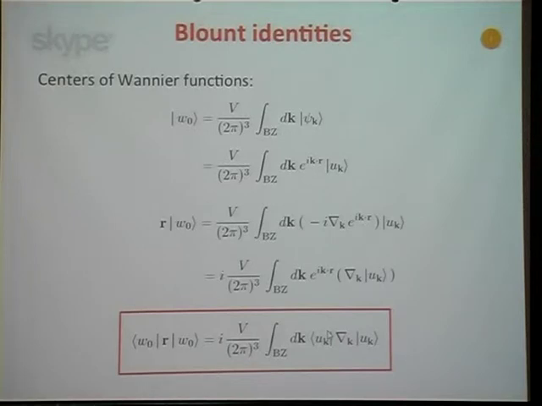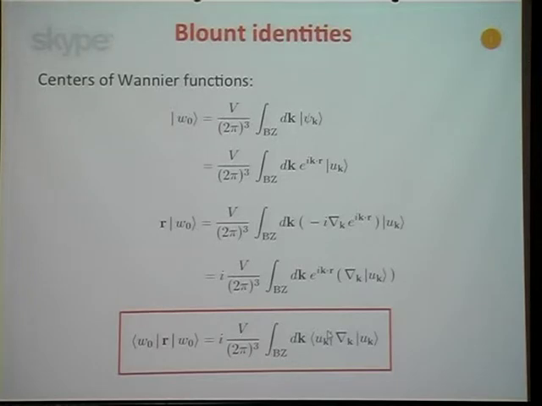That is, the position operator calculated as an expectation value is related to a quantity that involves, in particular, the periodic part of the Bloch wave functions, those u of k that I have written there.